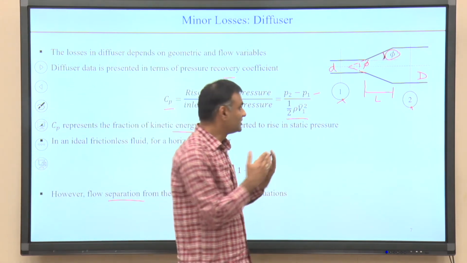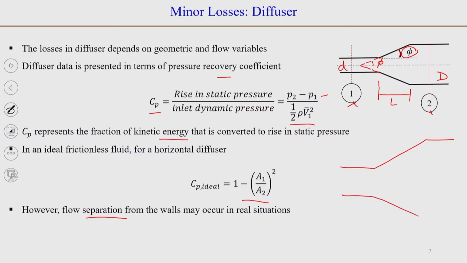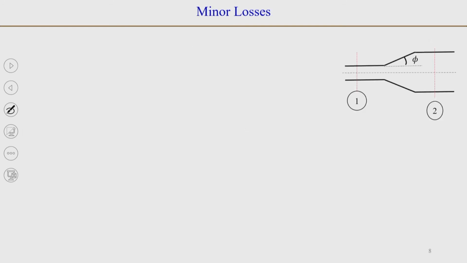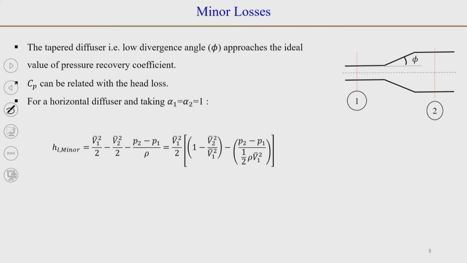If this is not done smoothly, then because of flow separation as well as frictional losses, you will have losses because of mixing and flow separation happening there. So Cp will be different from Cp ideal, and you can relate this Cp or the head loss with the Cp value for a diffuser.